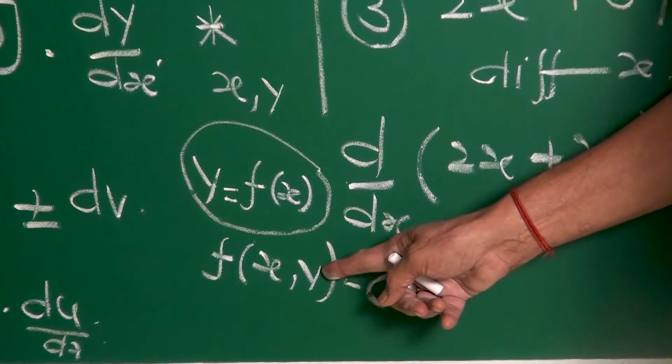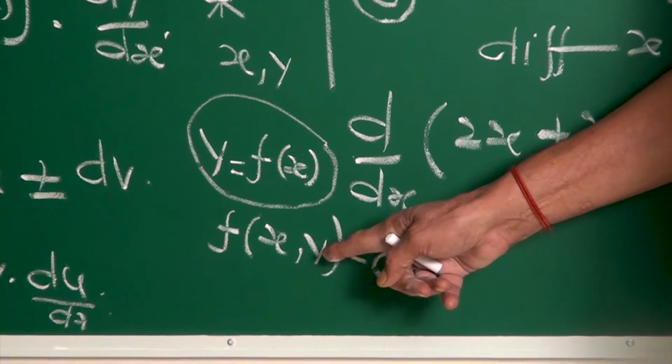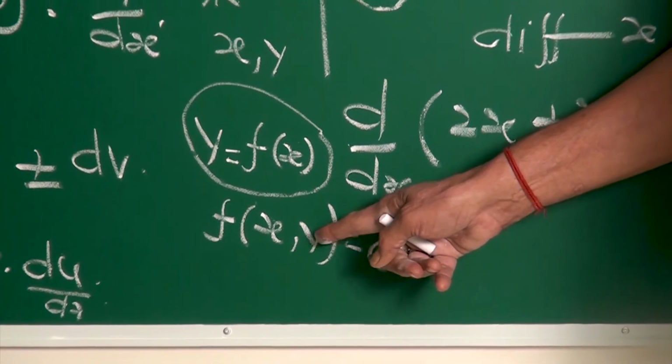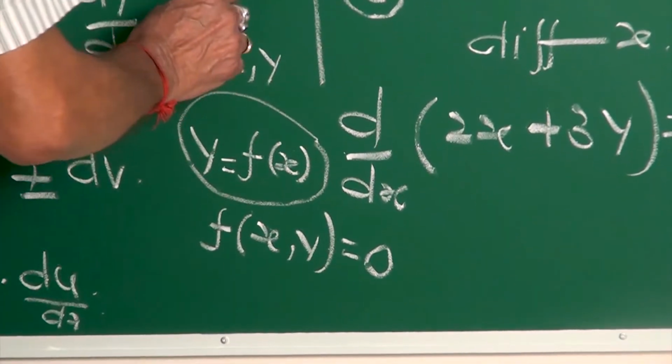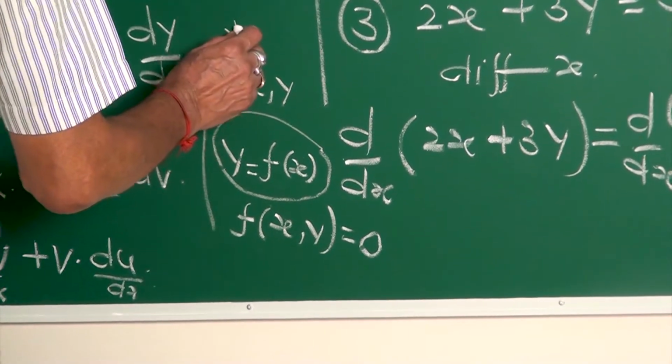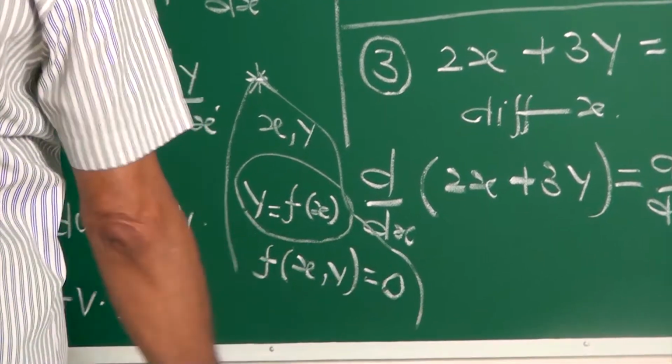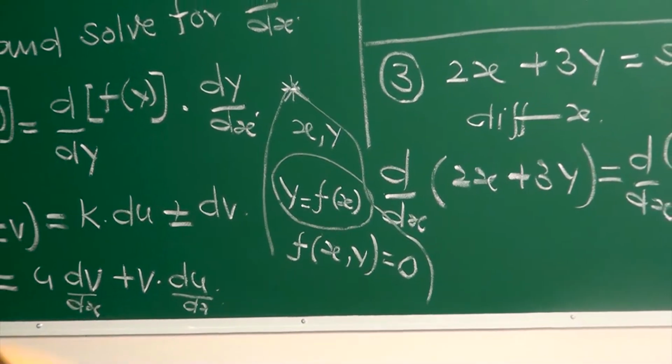They are connected. We can't write y on one side and a function of x on the other side. In that case, y is said to be an implicit function of x. If y can be expressed in terms of x, y is an explicit function of x. If y can't be expressed in terms of x, and they are connected, then y is said to be an implicit function of x. This is about implicit and explicit functions. Hope understood.